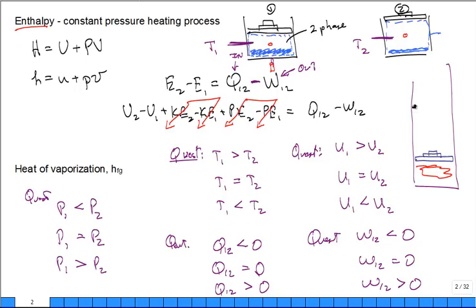I change it up here. Same piston, same weight of the piston, same cross-sectional area of the piston. It slides freely in the cylinder. There's no friction.